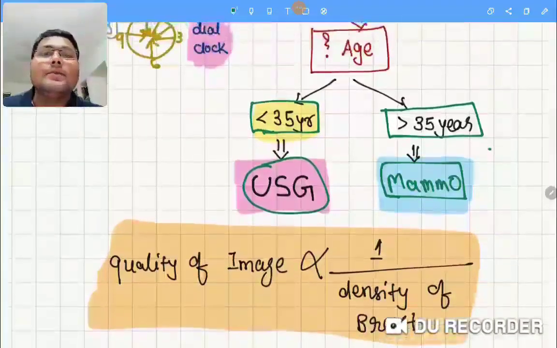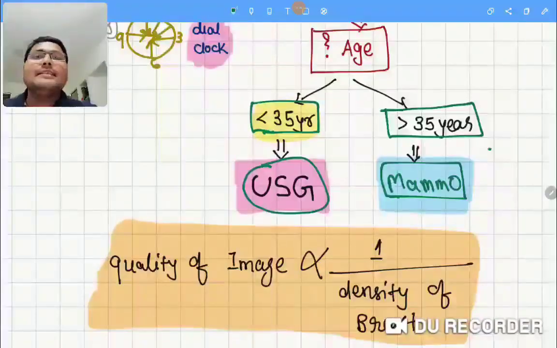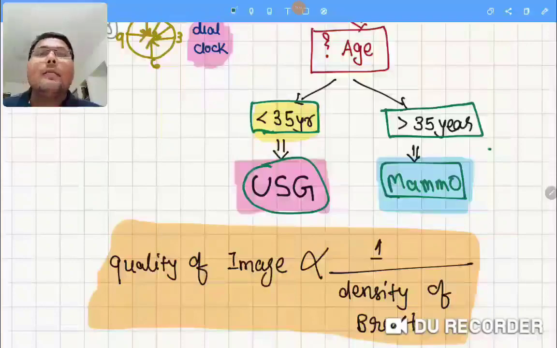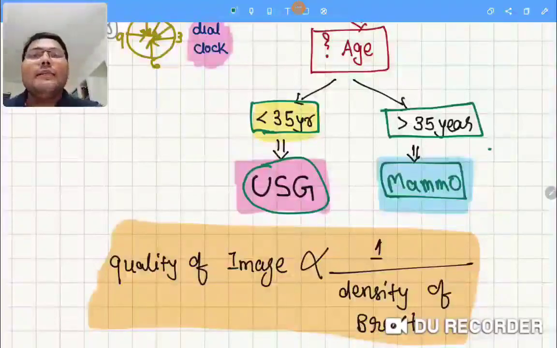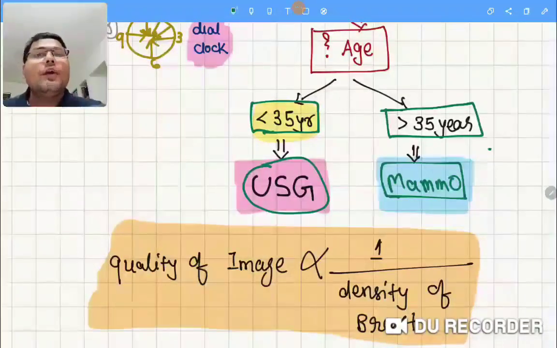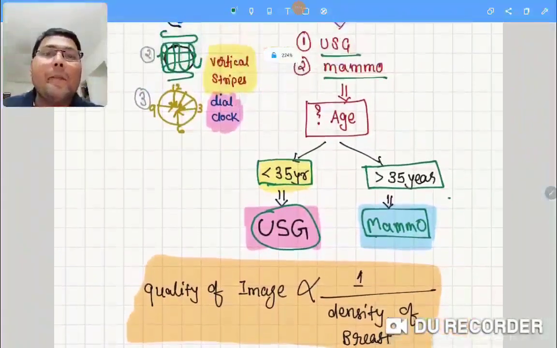So if the patient's age is less than 35 years, we should go for ultrasonography or mammosonogram, and if the patient's age is more than 35 years, then you should go for a mammography.